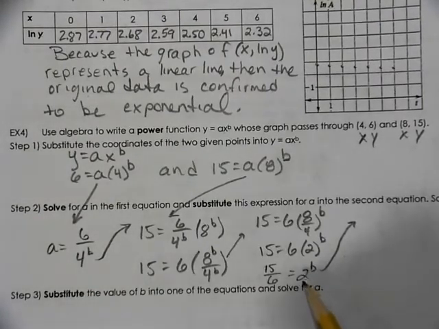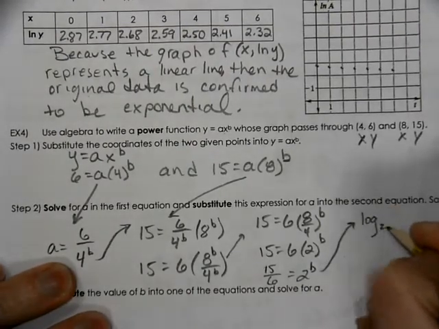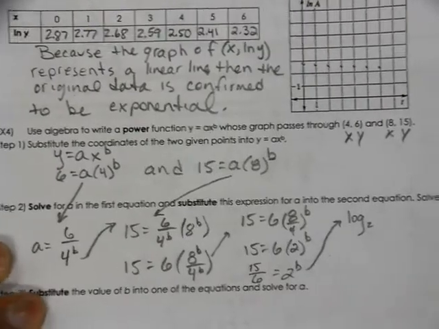Now, what are we going to do next? Can we divide by 2? Can we take the square root or the b root? No, not so much. We're solving for an exponent. To solve for an exponent, you have to use a logarithm. We've said that throughout all the lessons. A logarithm always equals the exponent.